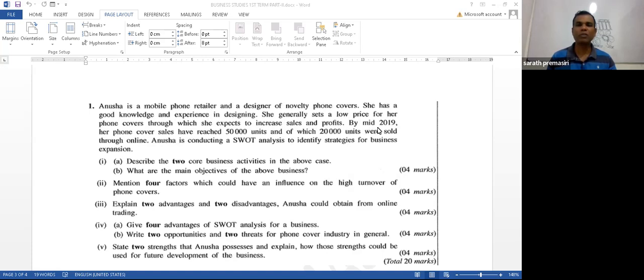By mid-2019, her phone cover sales have reached 50,000 units, of which 20,000 units were sold online. Anusha is conducting a SWOT analysis to identify strategies for business expansion.